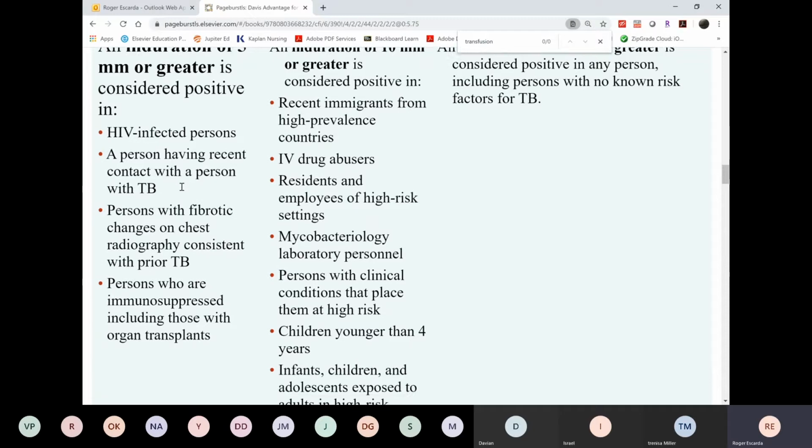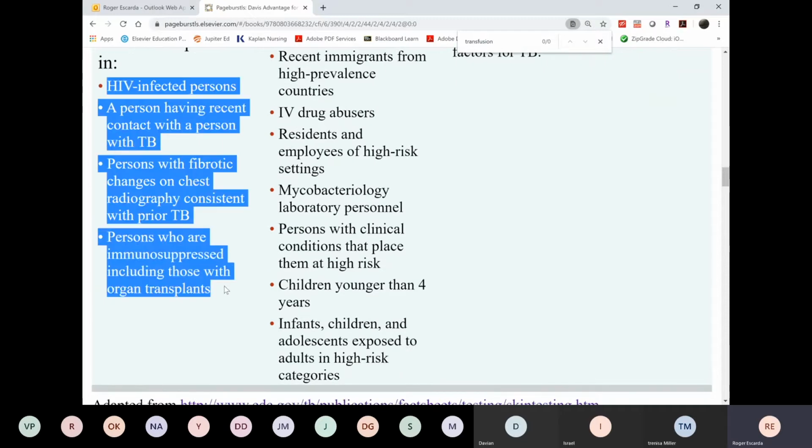If you look at the profile, these patients are immunosuppressed. So either from HIV, having constant contact with somebody who has the progressive or active type, if you live with them, or a patient immunosuppressed for various reasons, such as a transplant, for instance, so they have to take immunosuppressants to prevent rejection, or taking steroids for autoimmune disorders like rheumatoid arthritis, COPD, inflammatory conditions like lupus.